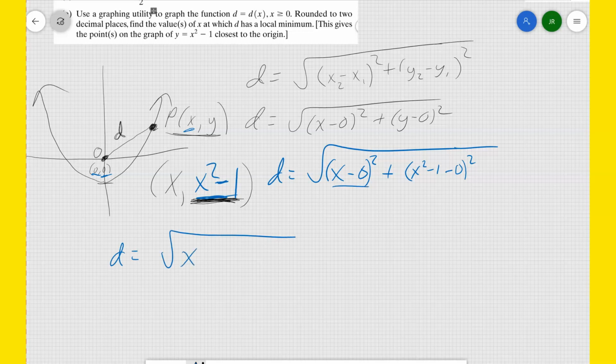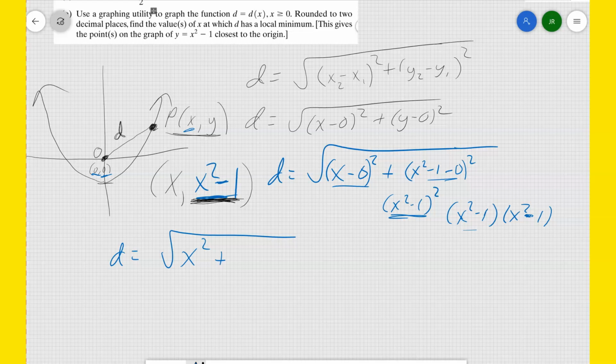It's just x. So that's just x squared plus, let me do some side work over here. x squared minus 1 minus 0 is just x squared minus 1, squared. So I'm going to go ahead and FOIL that out. (x squared minus 1) times (x squared minus 1). I'm just cleaning this up a little bit. This is not actually completely necessary, but I think Math Excel may require this.